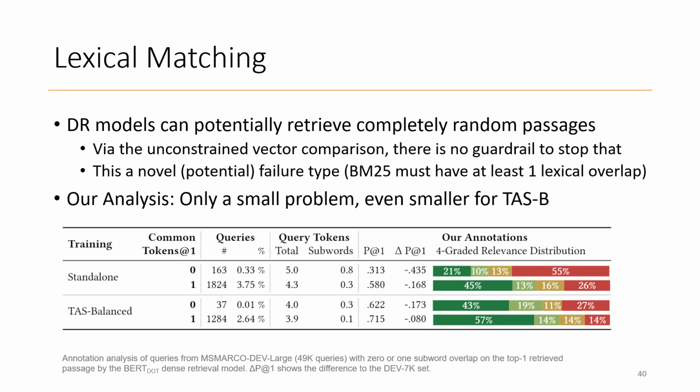But then for TAS-Balanced, the precision at 1, while being lower than an average over the dev set as a whole, is very negligible, especially considering that the total amount of queries in this set is very small.